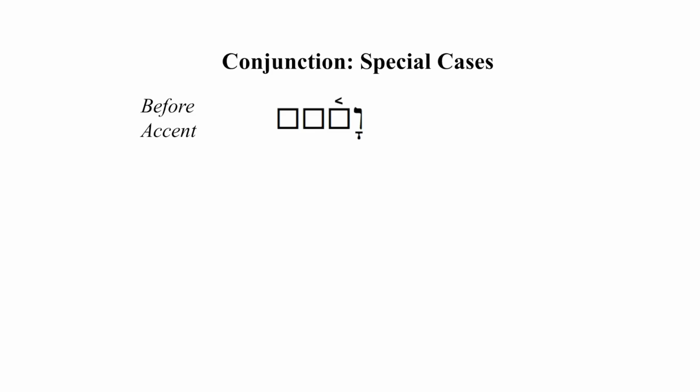There are also a few other cases, and we're not introducing these so that you memorize them so that you can produce them, but we are introducing them so that you can become familiar with them as you encounter them. The first is the conjunction immediately before the accent.